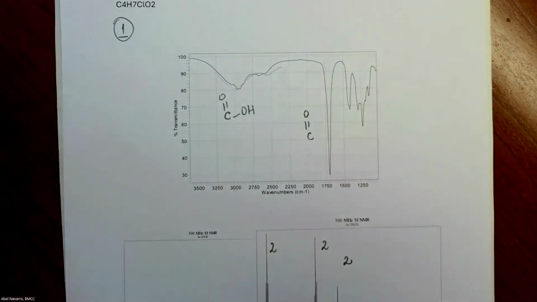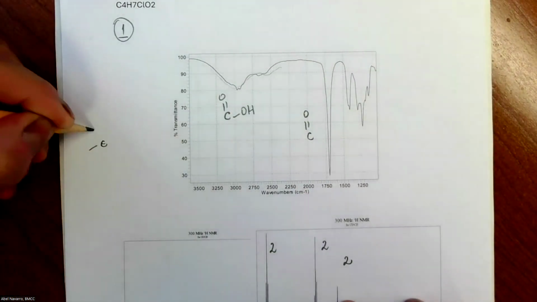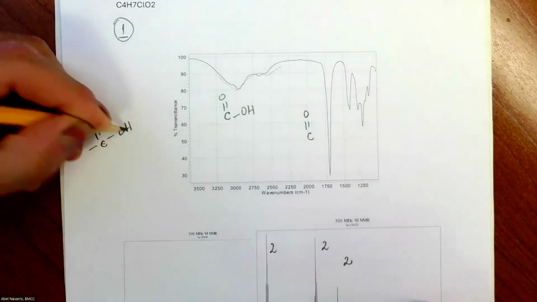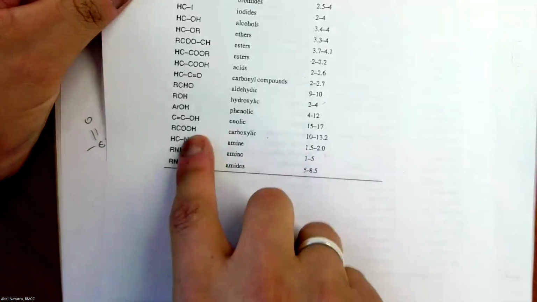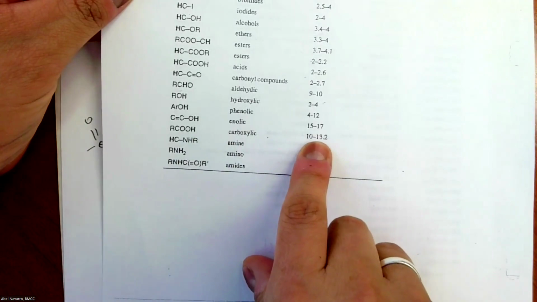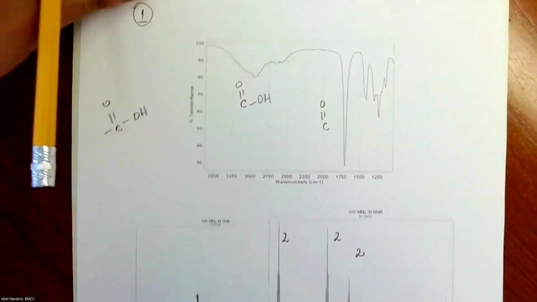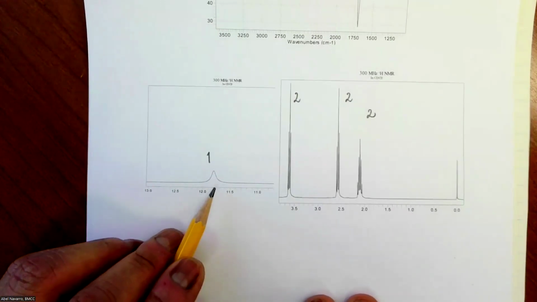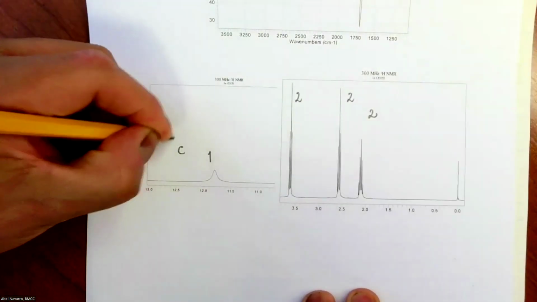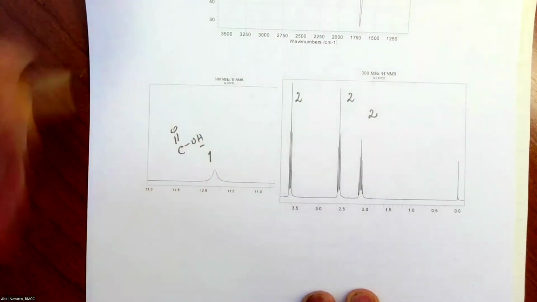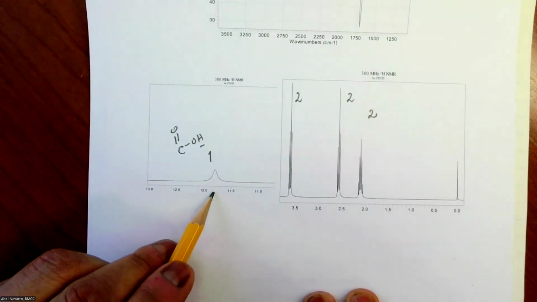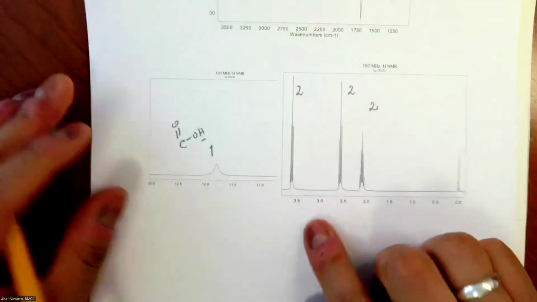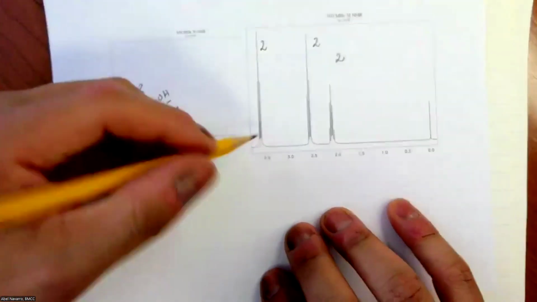So far I know that I have a carboxylic group. And how can I corroborate that? Because if I have a carboxyl group, I should see a peak between 10 and 13.2. And that's exactly what you have. Carboxyl. 11 point something, right?